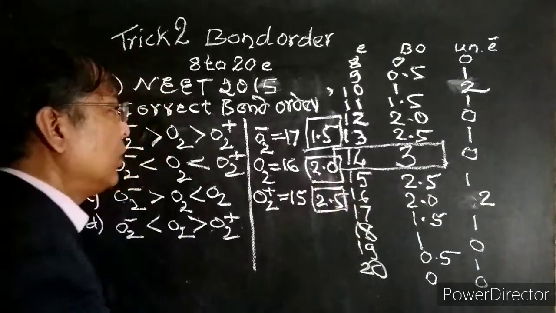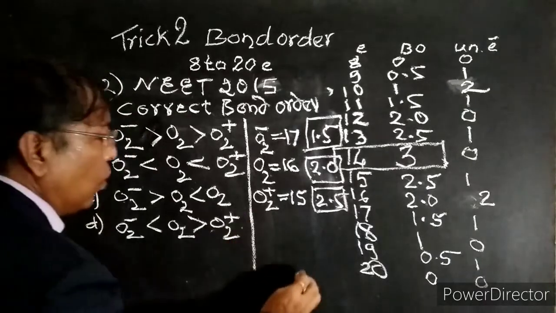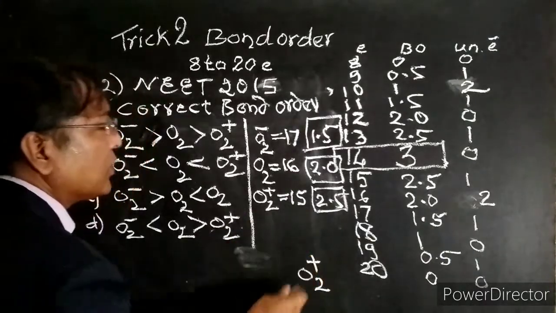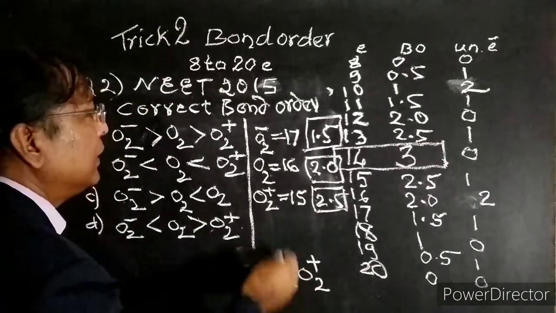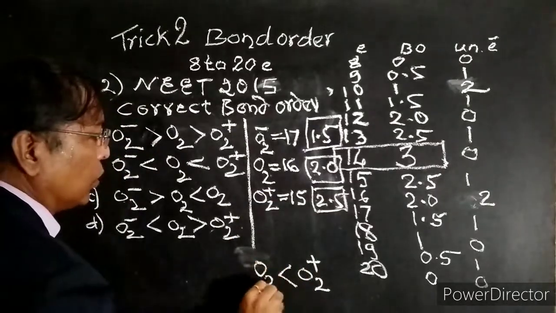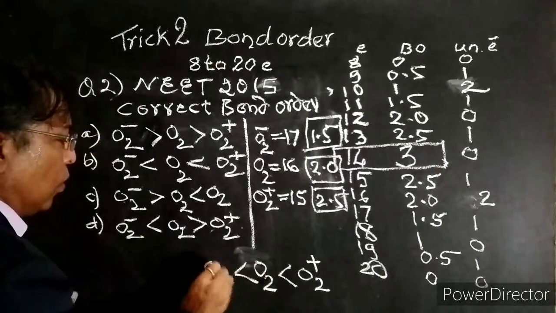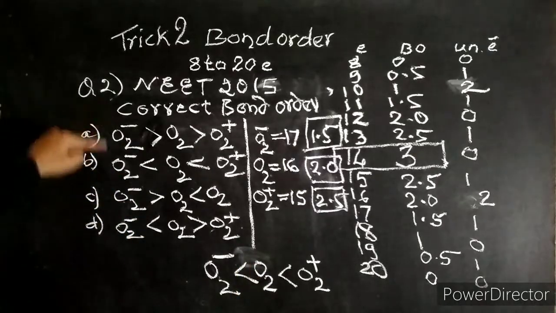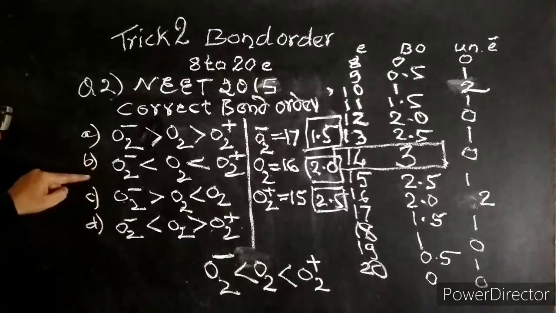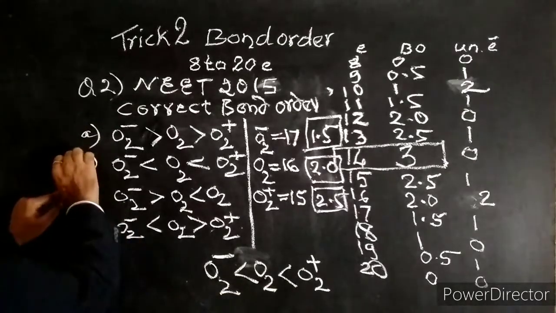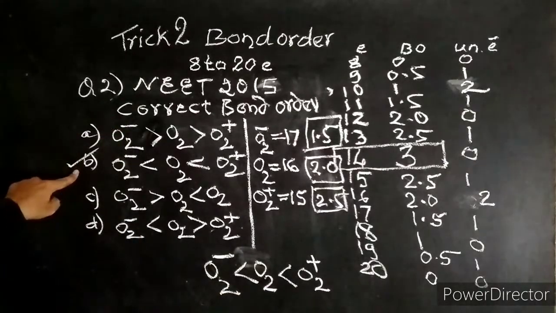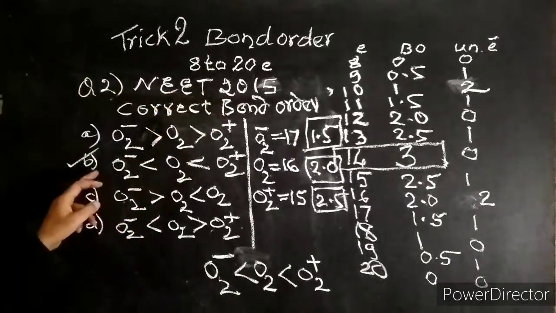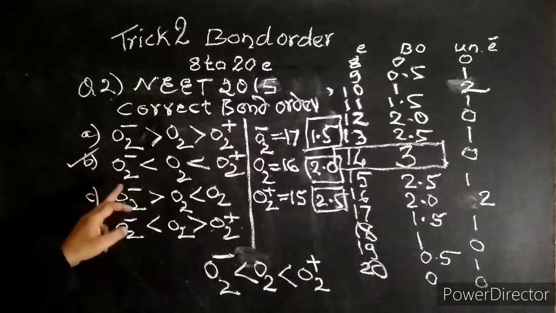Therefore, in the correct bond order, O2 plus has the highest bond order, then comes O2, then comes O2 minus. If you observe these options, you will find this in option B. Therefore, B is the correct option.